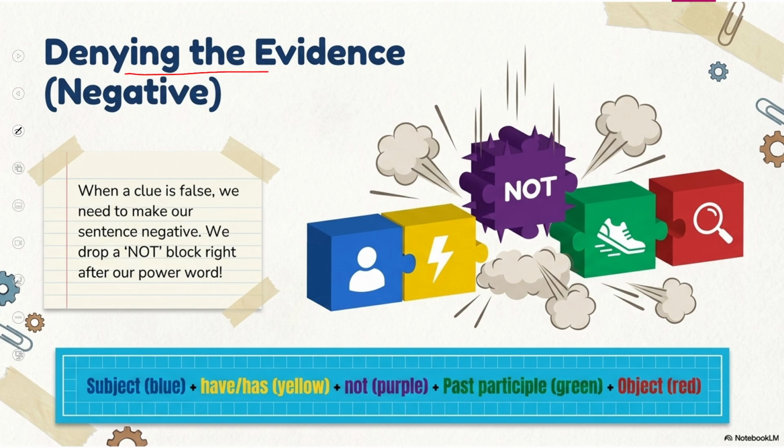When you have to deny the evidence and when you have to tell you did not do the action, you use negative tense. In this, when a clue is false, we need to make our sentence negative. We drop a not block right after our power word, which we call auxiliary verb. Here we can see we just add not after auxiliary verb, which is has or have, that makes it negative tense.